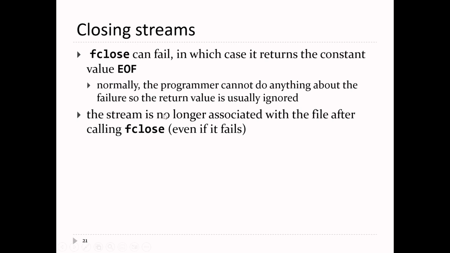So no one ever checks the return value of fclose. In other words, you just call fclose and you don't worry about the return value. If fclose fails, you still can't use the file anyway. So the stream that you just tried to close, even if fclose fails, is no longer valid. So it doesn't matter whether you look at the return value in this case.